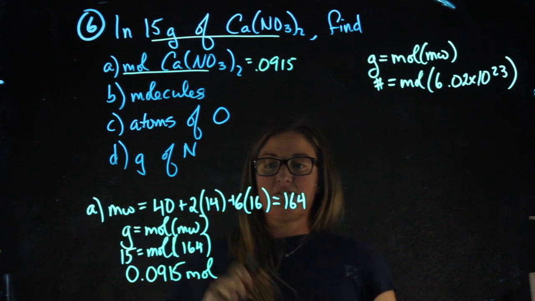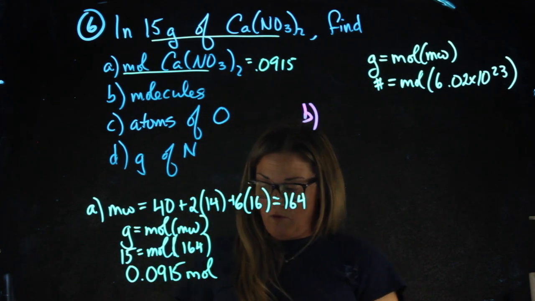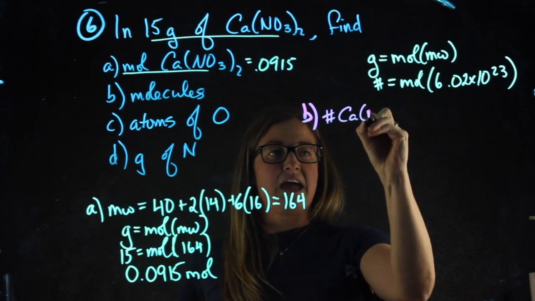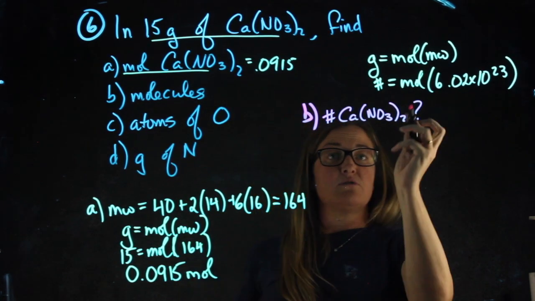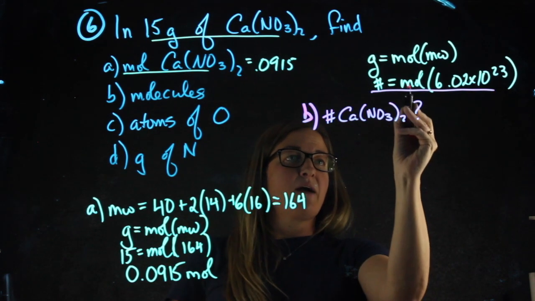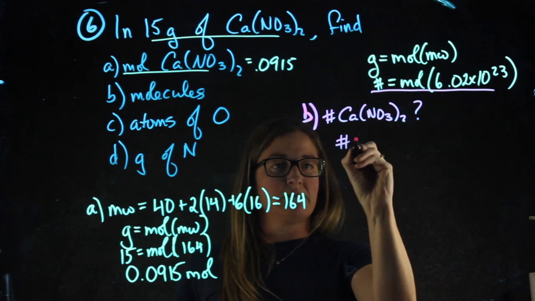B is asking me for the number of molecules. When it says the number of molecules, what we're implying is I want the number of CaNO3. I'm going to use my second formula, number equals moles times Avogadro's number. If I want the number of calcium nitrates, I will plug in the moles of calcium nitrate.